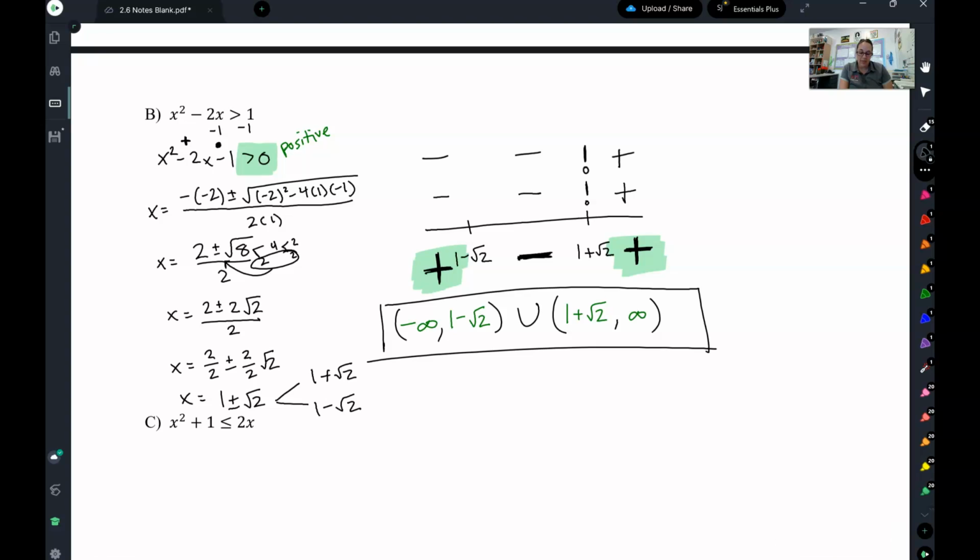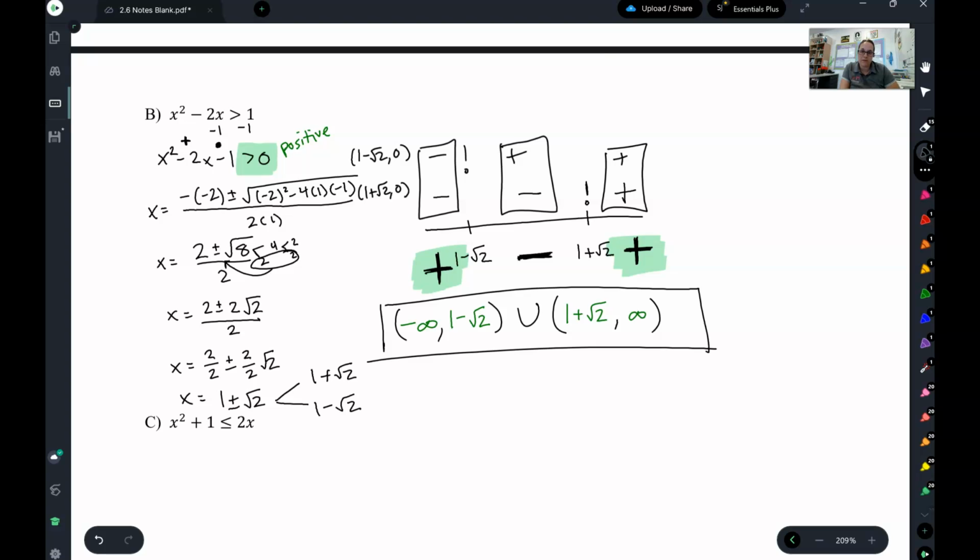Now I would get that every section is positive, which is wrong. So that's why it's really important that you not skip any steps and you actually write out all the steps of your sign array. Don't let yourself get lazy with this, because that is where little mistakes happen.